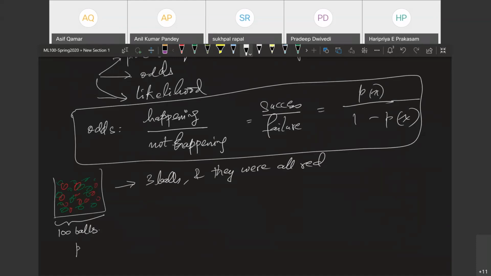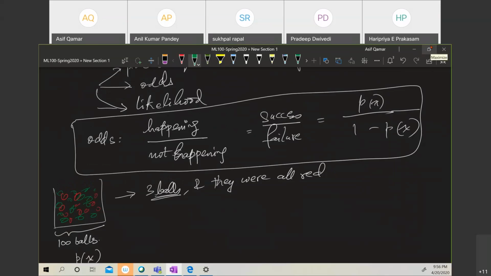The probability that randomly, if you pick one, you will get a green ball is P(X). X is the chance that you get a green ball whenever you take a ball out of this jar. Now comes this question. Suppose all you know is 3 balls came out.